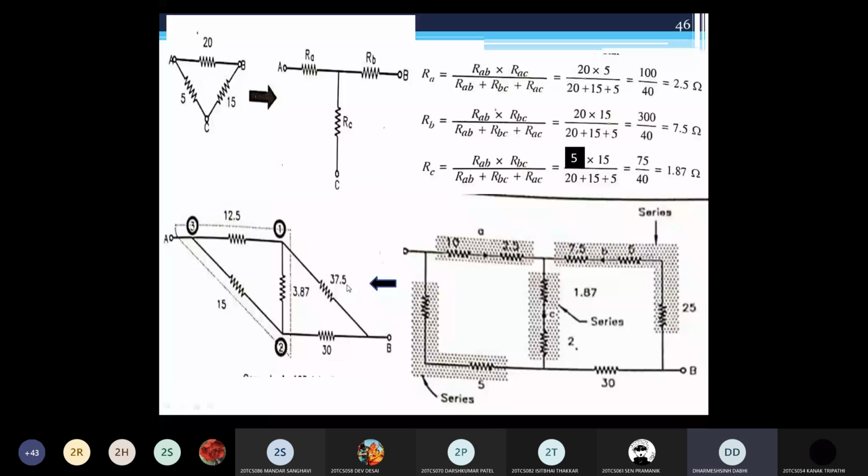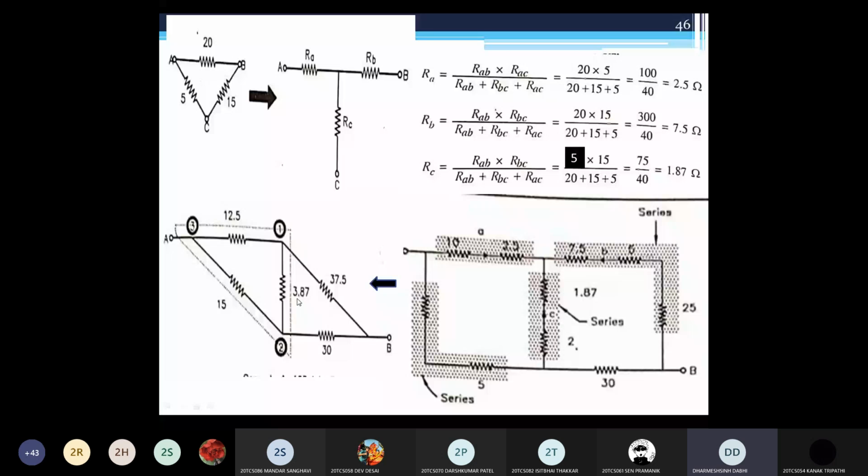So 7.5 plus 5 plus 25, all in series, gives 37.5. So here 37.5 is connected with point B. And this middle line, which is 1.87 and 2, is 3.87.